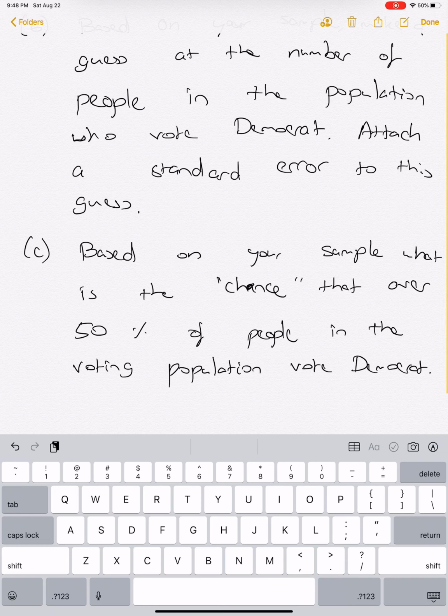And then C is we want to ask the very important question as to who's going to win that state on election day. So based on your sample, what is the chance that over 50% of people in the voting population vote Democrat?